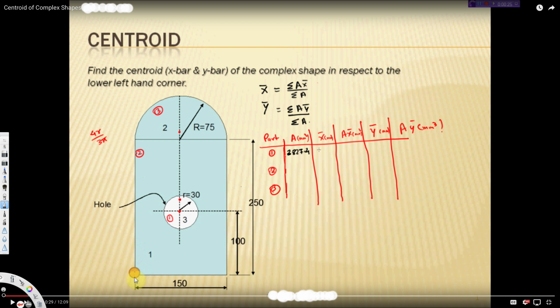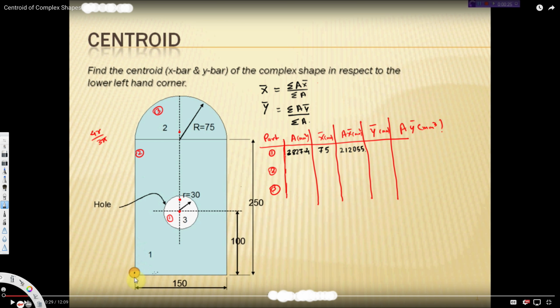The x bar is going to be the distance from this point we are selecting. Whatever it is, x bar or y bar, you have to measure from this point. From here, the x bar is the distance to the middle, exactly in the middle, so it's going to be 75. If you multiply both of them together, you will get 212,055.